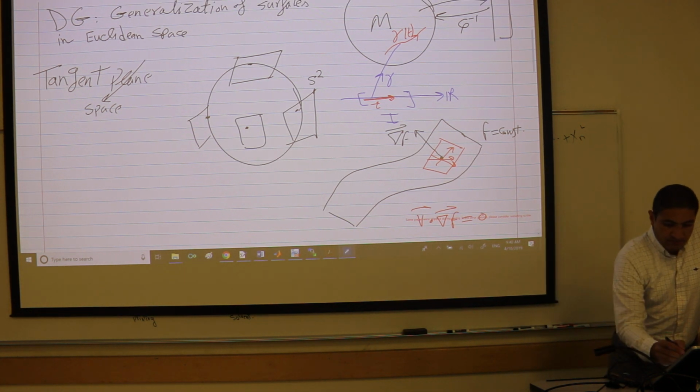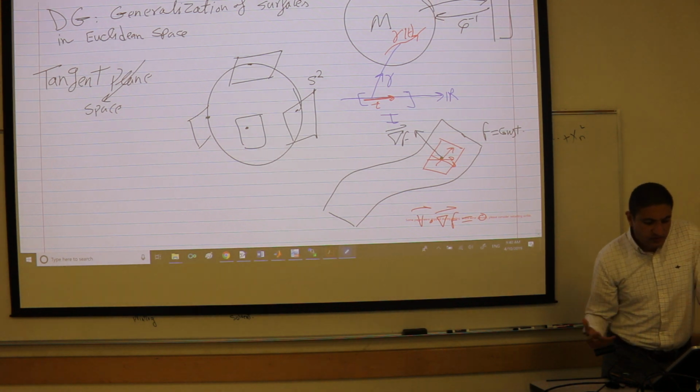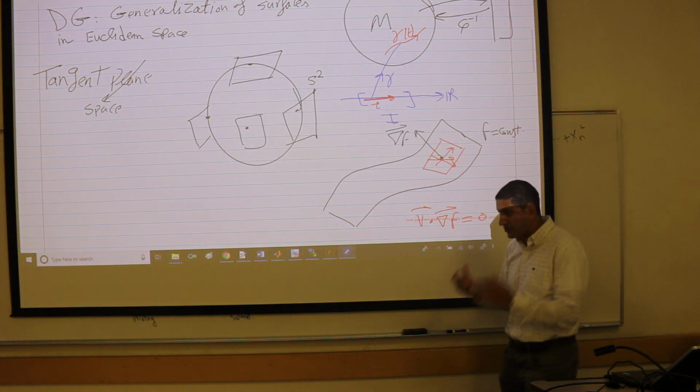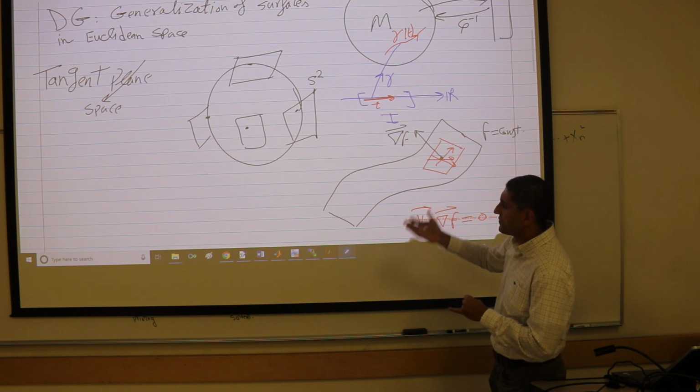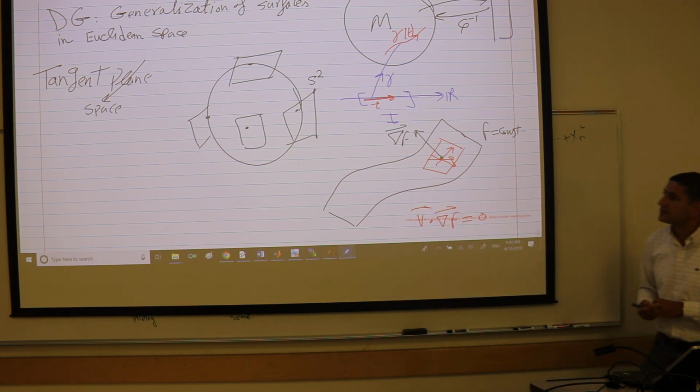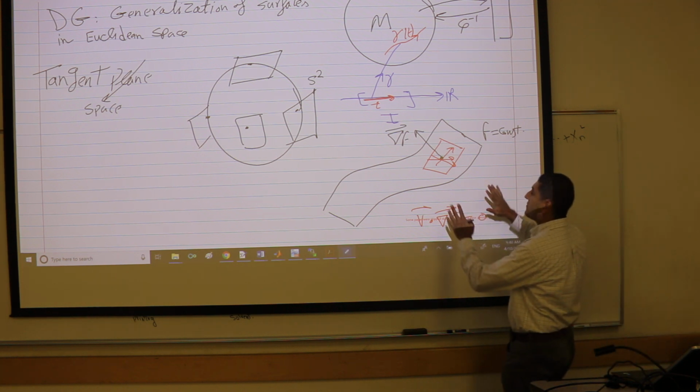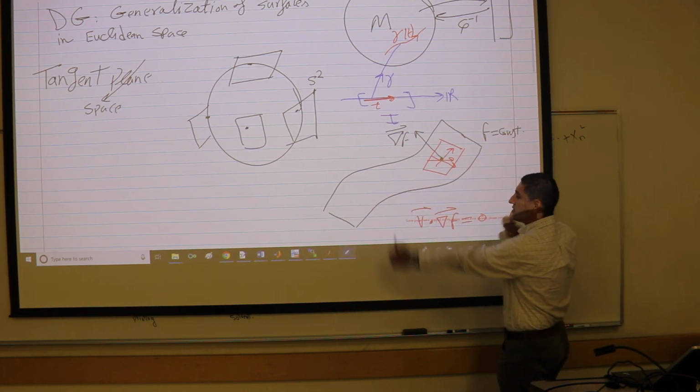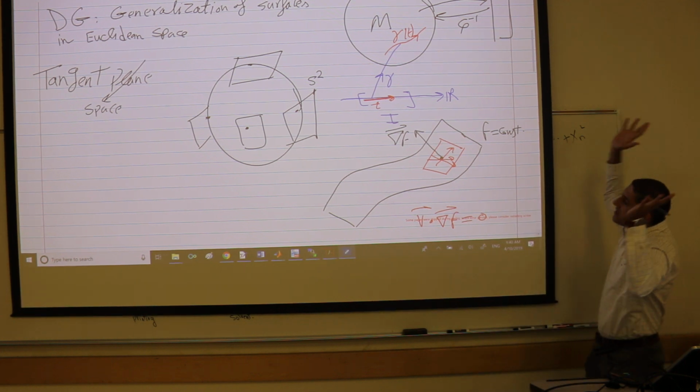But the point here, what is the philosophy of differential geometry? Yes, the objective is to generalize surfaces in Euclidean space. But what are the goals? We need to do that without resorting to the fact that we live in a higher dimension space. We want to do it as if this is really our world. We don't see any other dimensions.